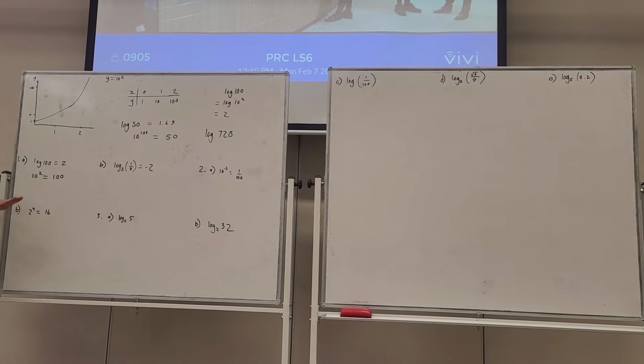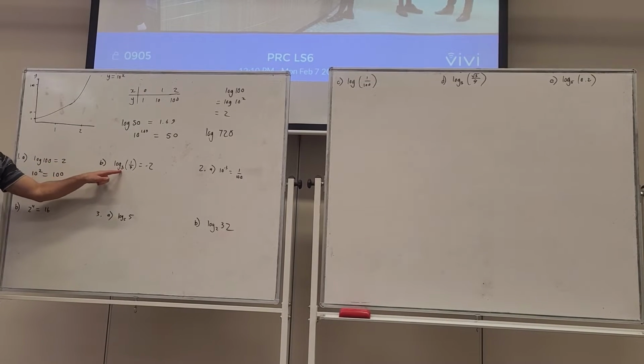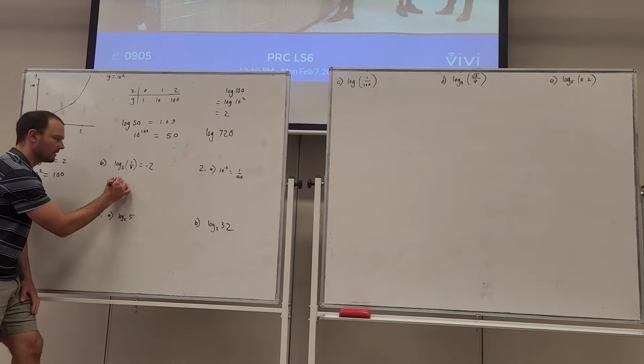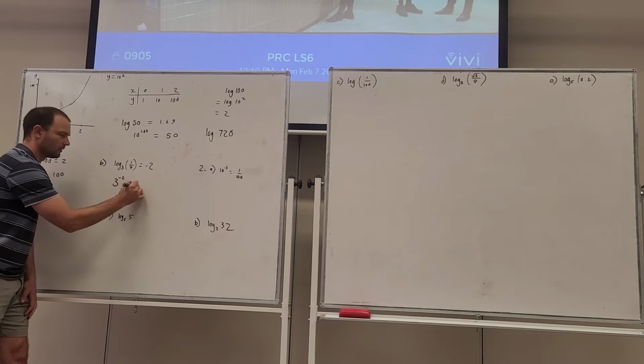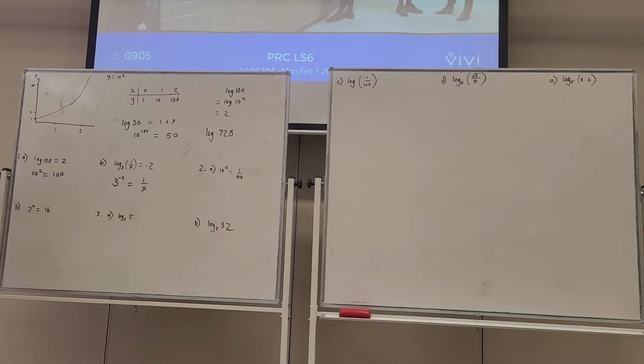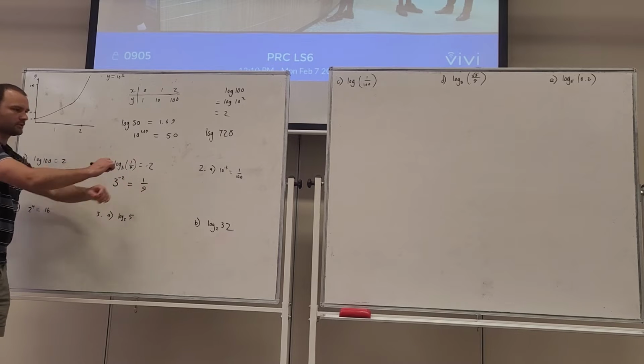In B, the base is 3. So that means the exponential statement is going to be 3 to the power of minus 2 equals 1/9. Now we're not unveiling anything outrageous or fantastic here. This is all a straightforward connection that flows from these two.